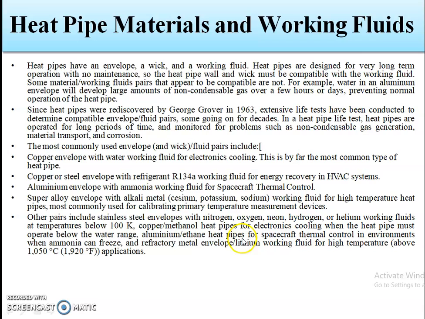Aluminum and ethane heat pipes are used for spacecraft applications, and ammonia can freeze. Refractory metals and lithium working fluid are used at high temperature, around 1050 degrees Celsius. These are all the materials and working fluids used for heat pipes to operate efficiently in these types of applications.